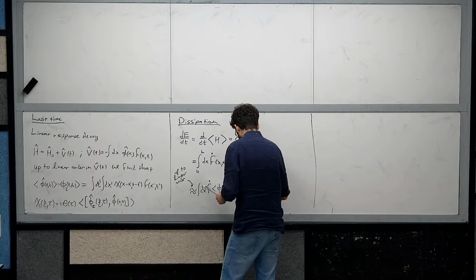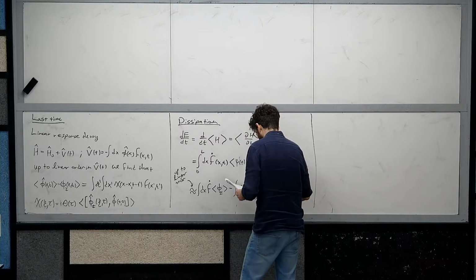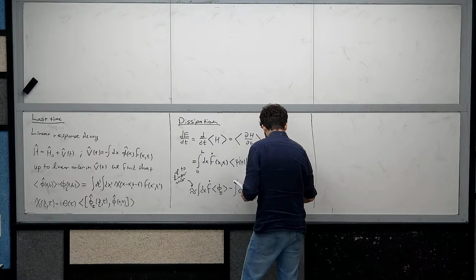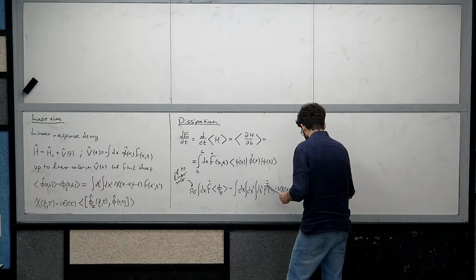Then we have the integral dx prime dt prime f dot of x t chi of x minus x prime, t minus t prime, f of x prime and t prime.